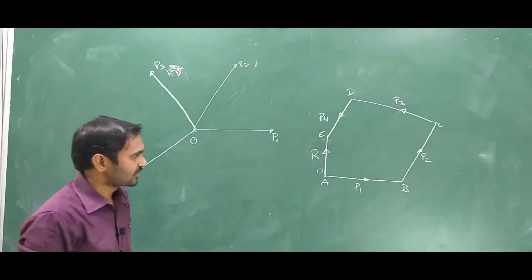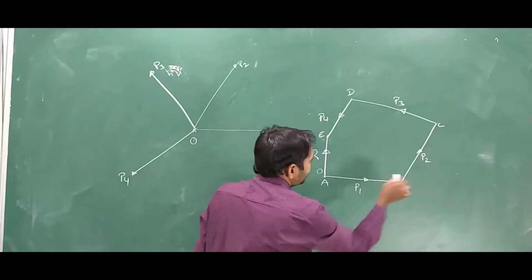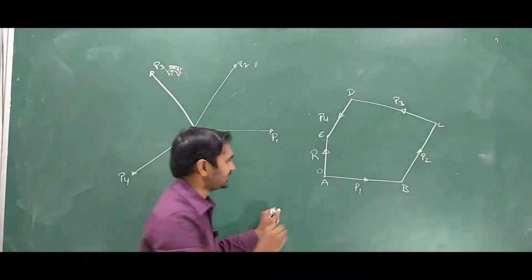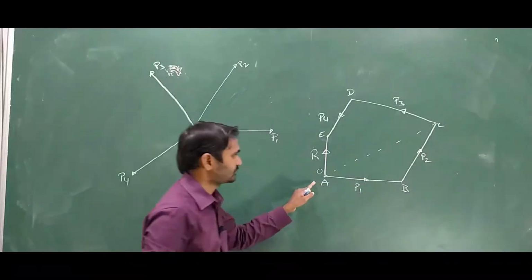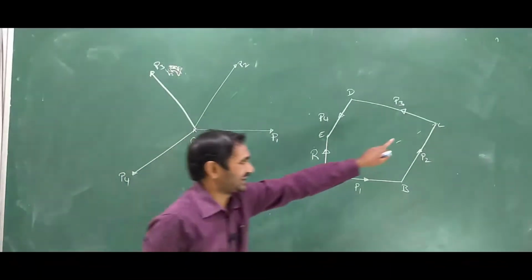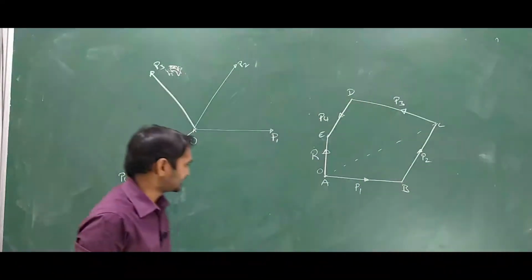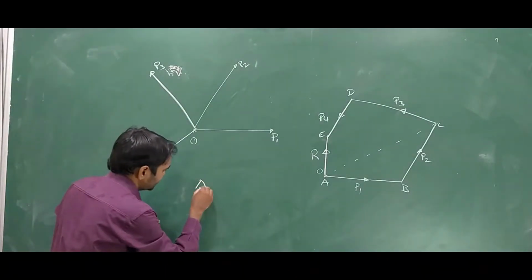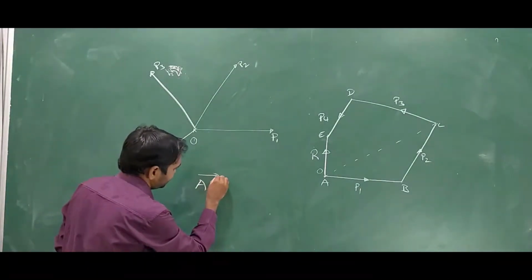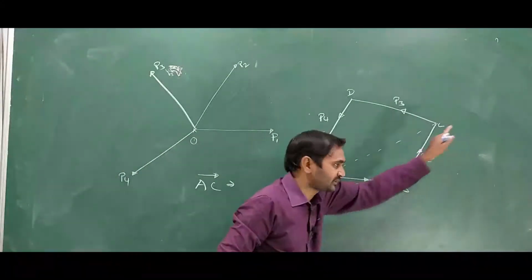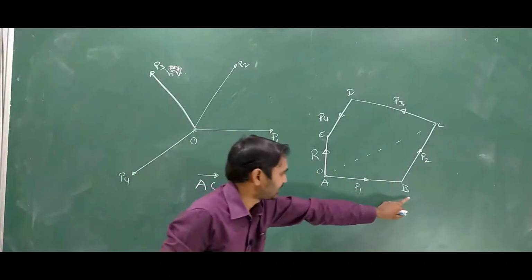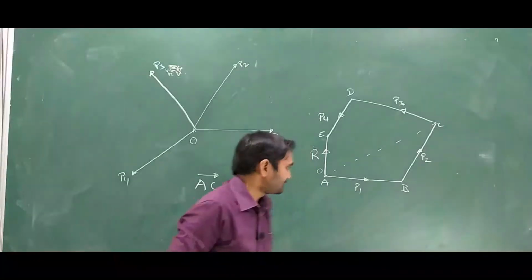Let us see one example. Now AB is there. Now let me take ABC with the angles. So I want AC. Now I am writing the force AC is equal to forces AB and BC.